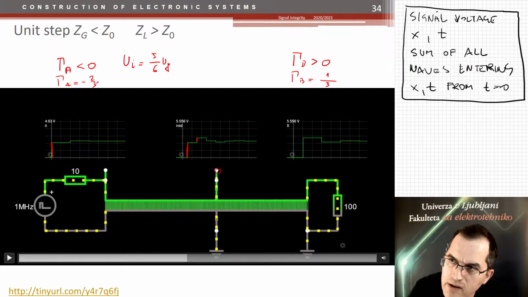And then minus 2/3 are here, going back, negative. And minus 2/3 times 1/3 here is minus 2/9. This is this part here. And then this minus 2/9 coming back is reflected here with minus 2/3 again. And this is minus times minus is positive here. And small positive there.